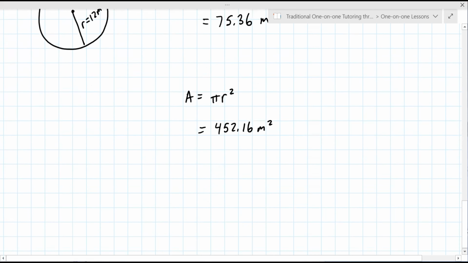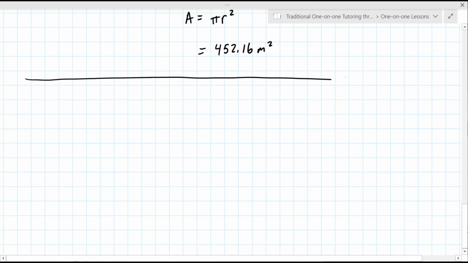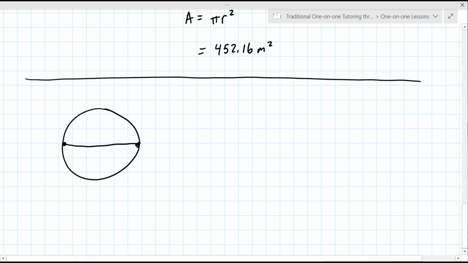Now let's do a different problem here. This time I'm going to give you the diameter. I'm going to tell you that the diameter is 13.2 yards. Now when you find the circumference, do you use the diameter?